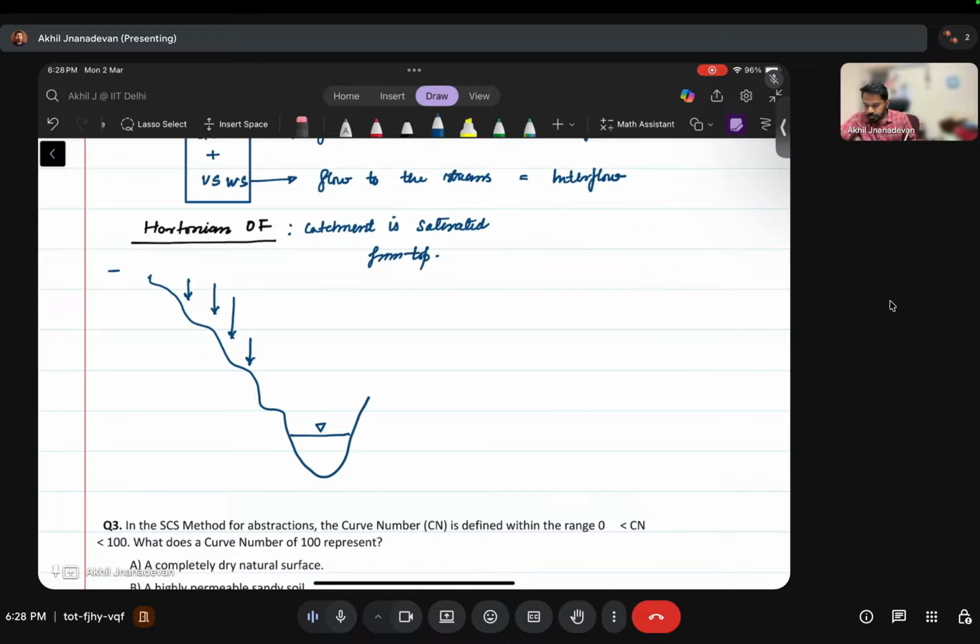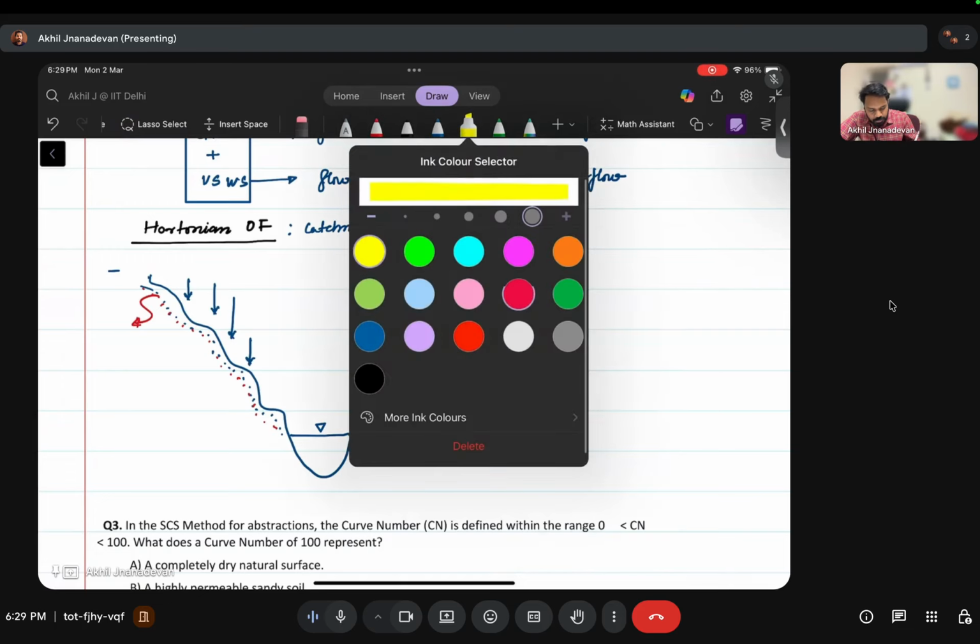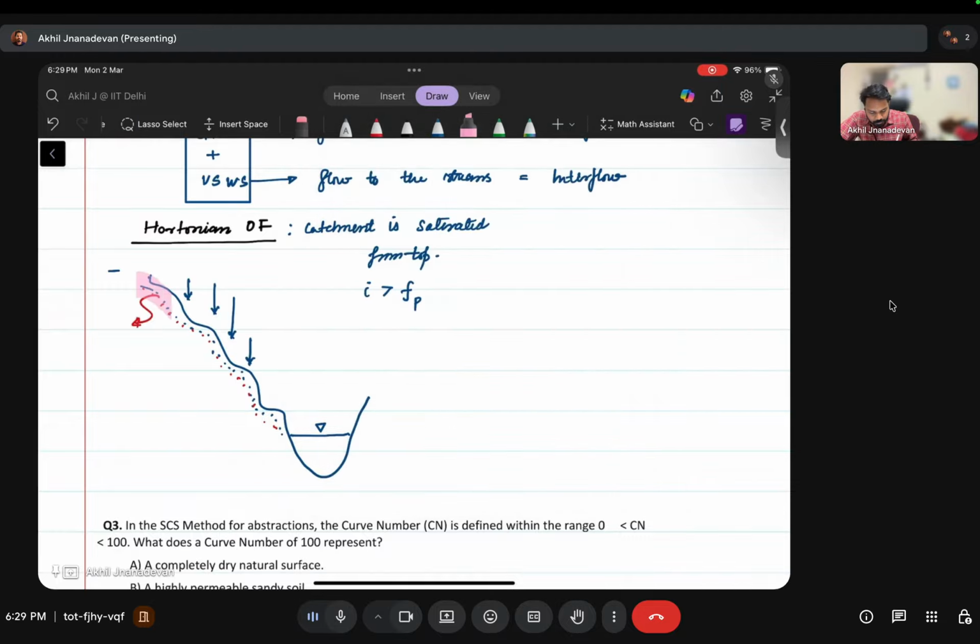So the rainfall is happening, and when the intensity of rainfall, which I represent by I, is greater than the infiltration capacity fp, the subsurface near to the surface gets saturated first.